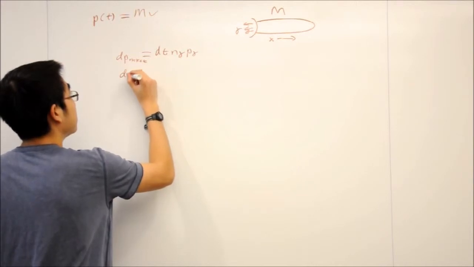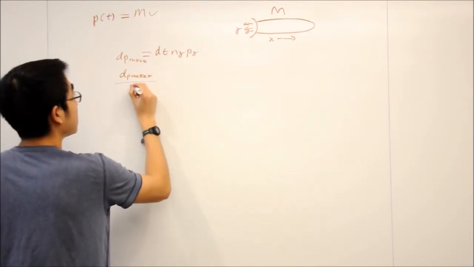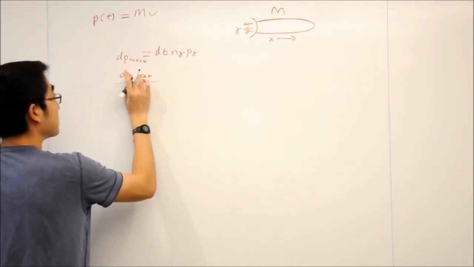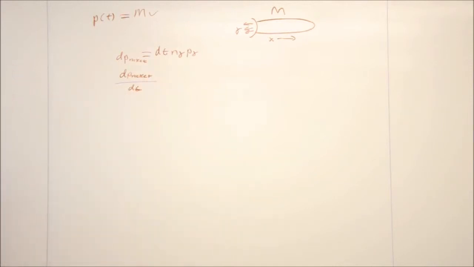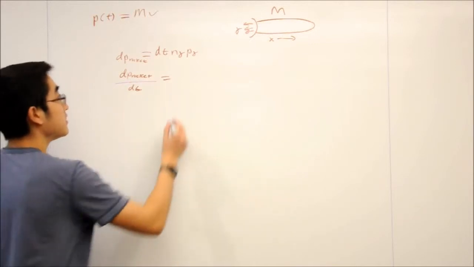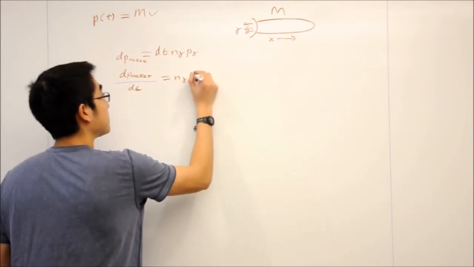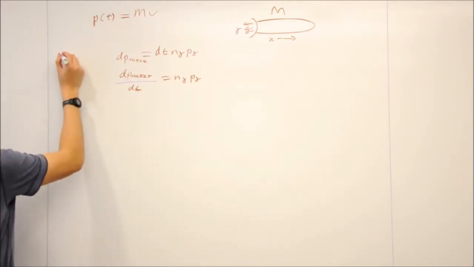Now, if we divide dp rocket by dt and take the limit as dt goes to 0, we get that dp rocket over dt is equal to n lambda times p lambda. So this is part A.